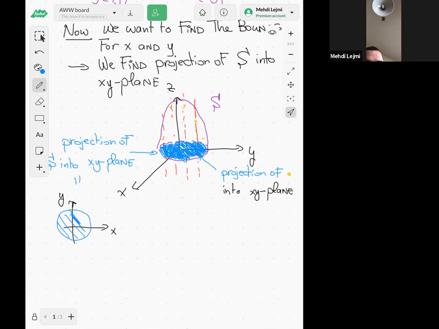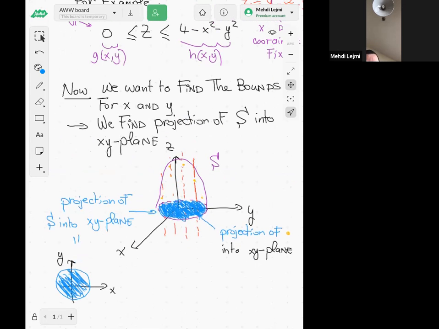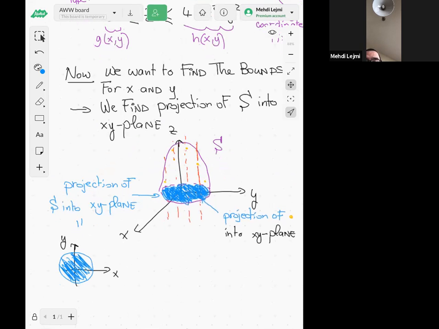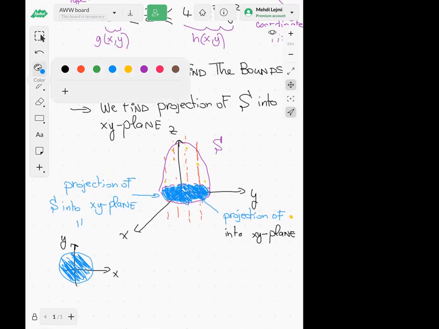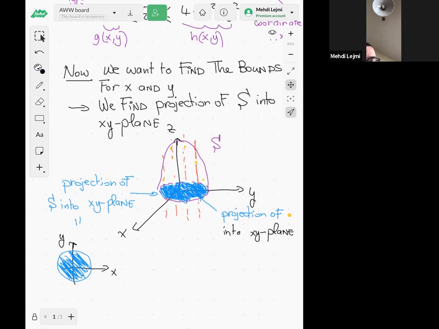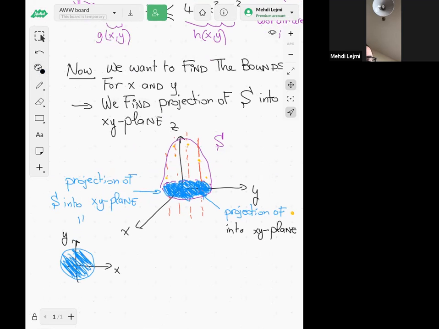Sorry, of radius not 1, but of radius 4. Okay, because of radius 2. Thank you. Sorry, of course. So here it's supposed to be 2. Oops, this is 2 here. This is supposed to be 2. Okay, 2.